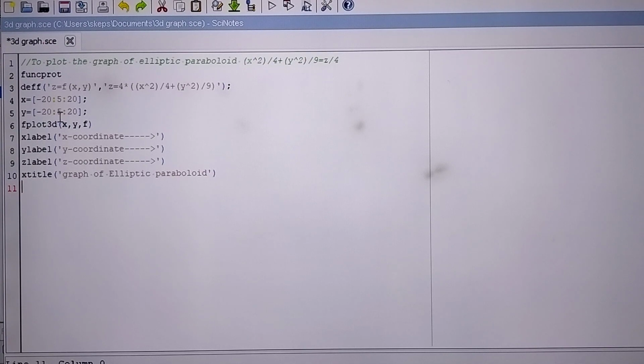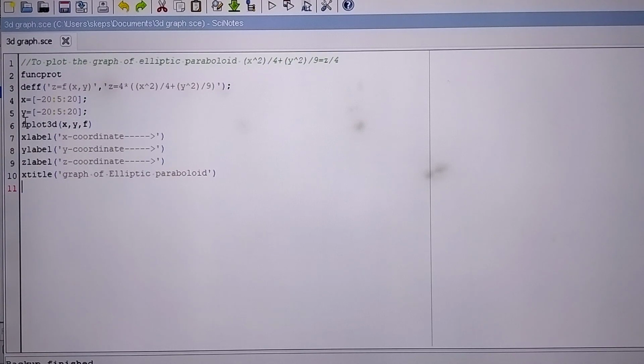The limits are separated by colon, not semicolon, and at the end you should put a semicolon. The same range is taken for x and y, minus 20 to plus 20 with common difference 5.